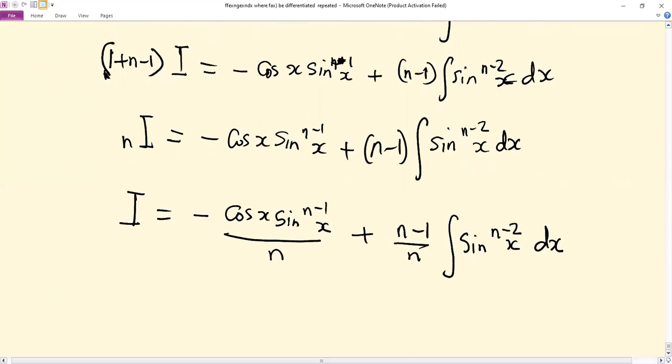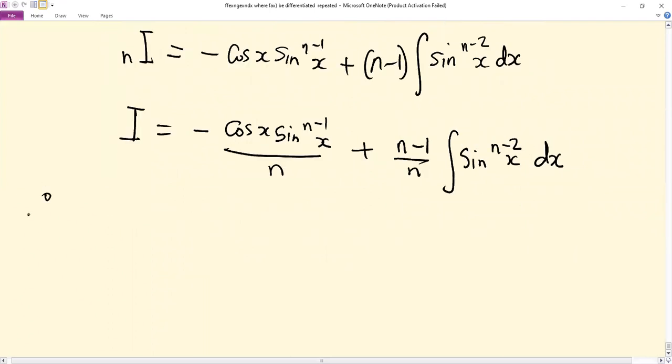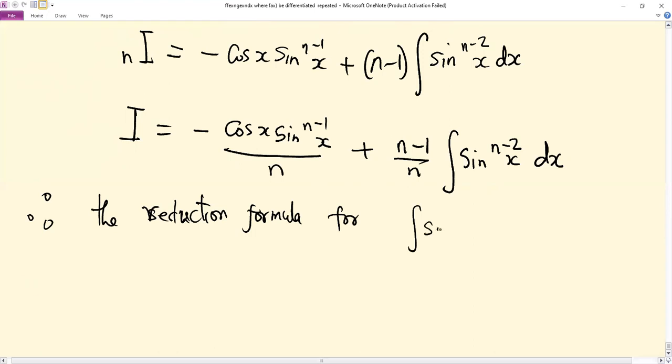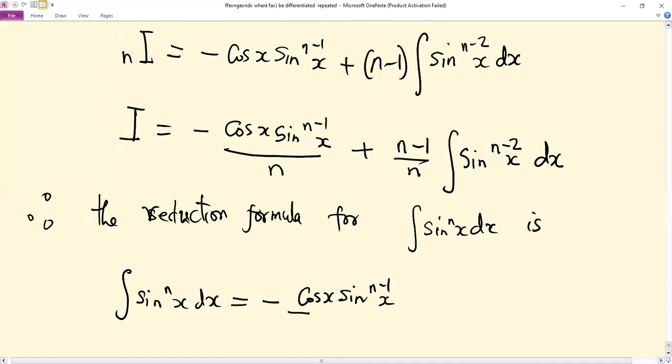Therefore, the reduction formula for sine raised to power n, the integral of sine power n x dx, is negative cos x sine power n minus 1 x divided by n plus n minus 1 over n times the integral of sine power n minus 2 x dx.